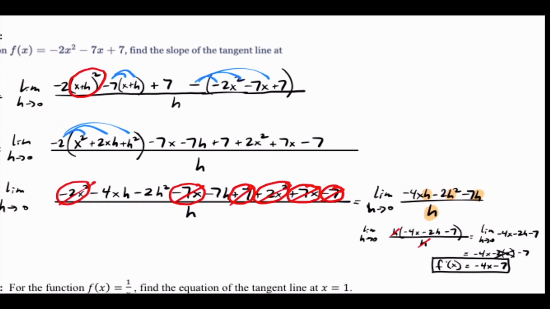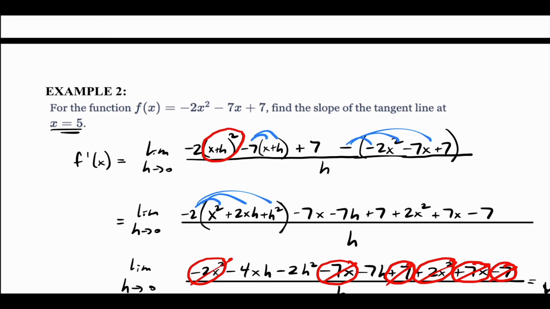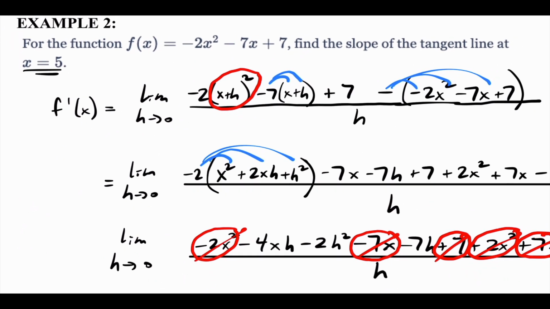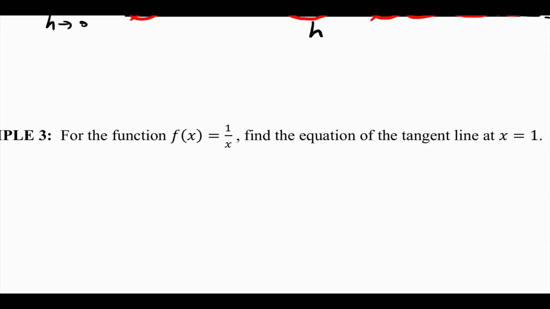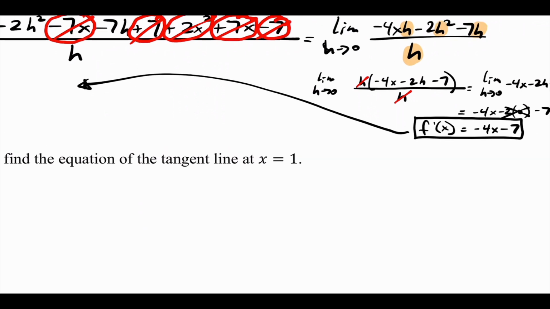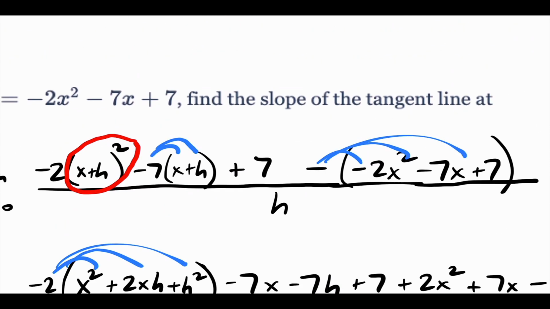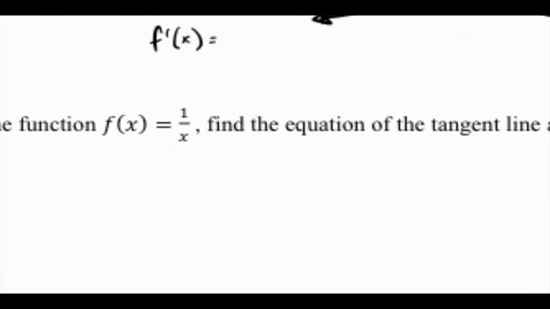That's not all they were asking for, though. Let's go back to the question. The question said, I want you to use it to find the actual slope at x equals 5. So what we have to do is use that. Negative 4x minus 7.